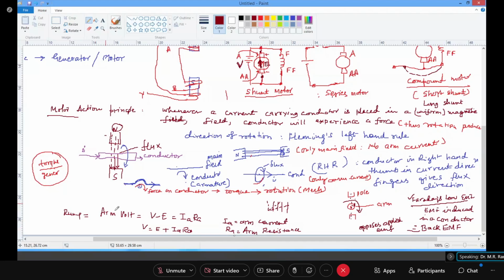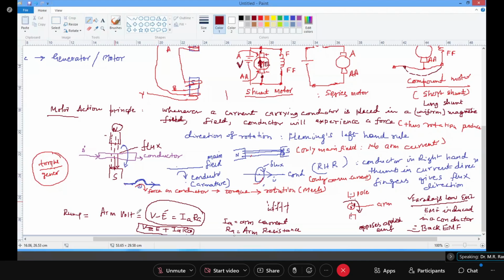So this is the equation: V equal to E plus IA RA. E is the generated EMF, but it is called back EMF in the case of motors. This is just mathematical rearrangement, so don't worry.